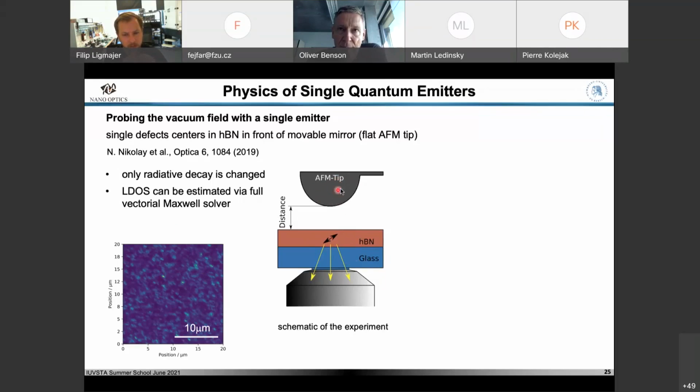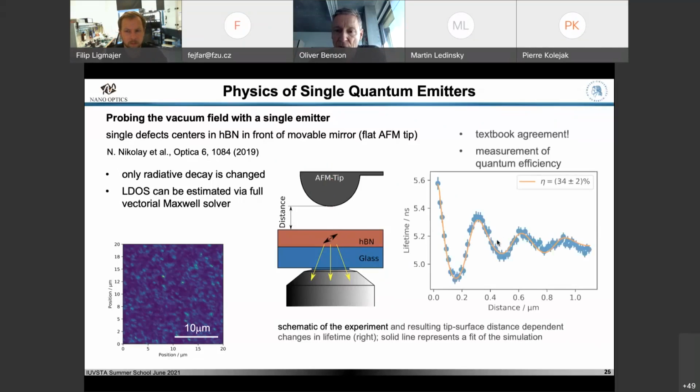And it's a small micro manipulator, if you want to say so. So it's a small metal sphere. And we moved this sphere up and down. And we observed the fluorescence, the spontaneous emission of photons from this individual emitter here in the hexagonal boron nitride.